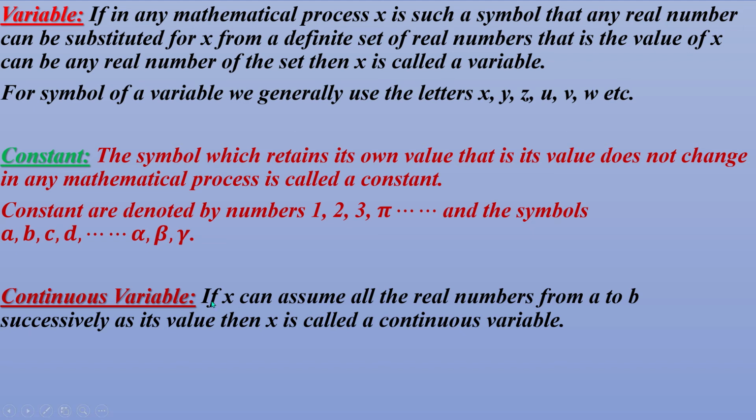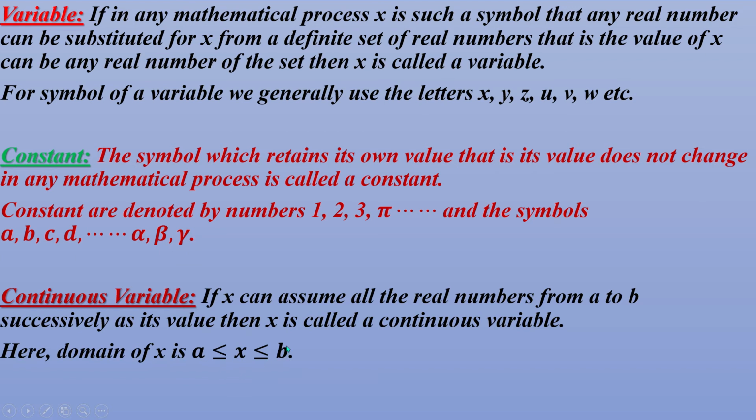Okay. Follow the definition. If x can assume all the real numbers from a to b. A means any kind of real number, either 1 or 2 or 3, and b means any other kind of real number, that is 5, 6, 7 or others, successively as its value, then x is called a continuous variable. Here the domain of x is a less than or equal to x less than or equal to b.